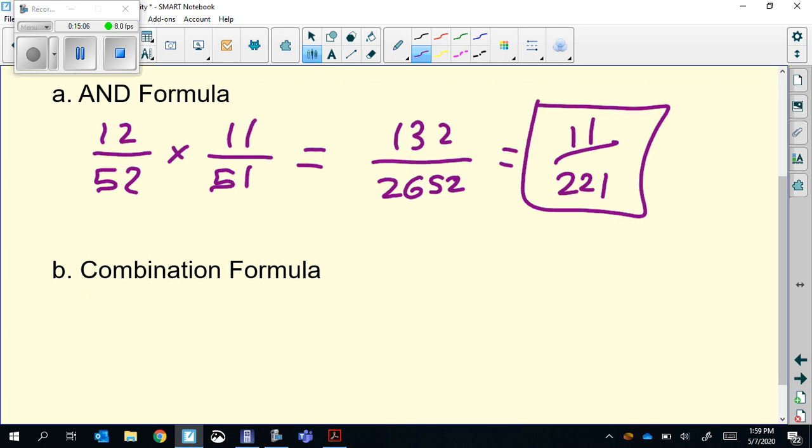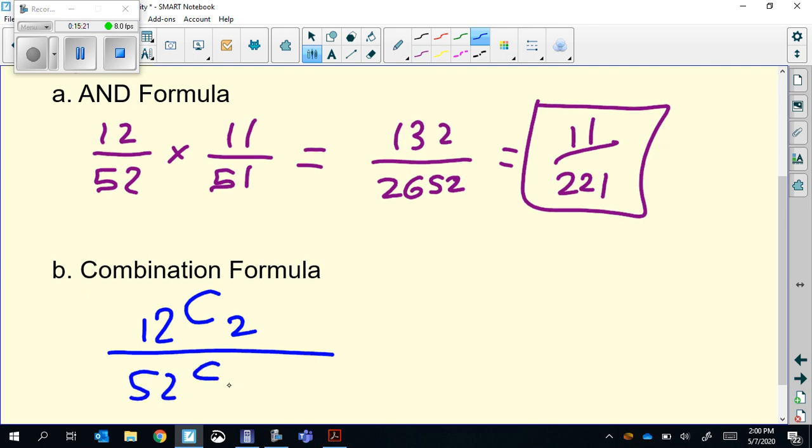All right, so now using the combination formula. Our combination formula means that there are 12 face cards. We're trying to pick 2 of them out of 52 cards.